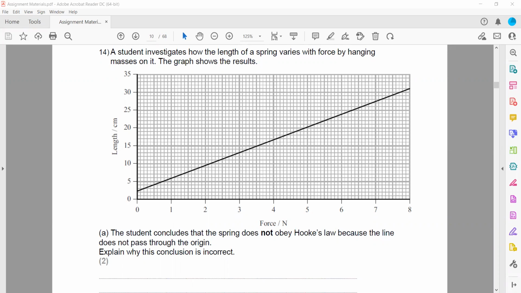So the student wrote the statement in terms of force and length, and concluded that it is not obeying Hooke's law because the graph is not starting from the origin. But that's not true, because Hooke's law shows a relation between force and extension, and it is a straight line which shows the extension is increasing at the same rate as we are increasing the force.